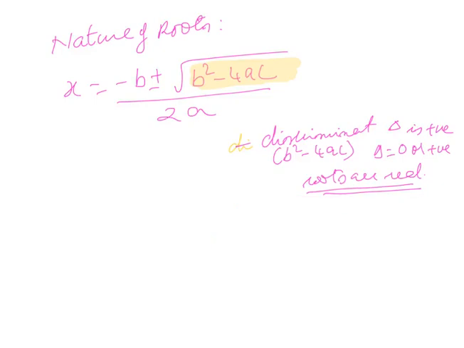Based on the values of b squared minus 4ac, we classify the roots. First classification is real and non-real. Second classification is rational and irrational.